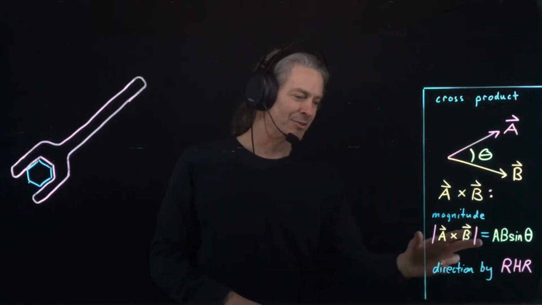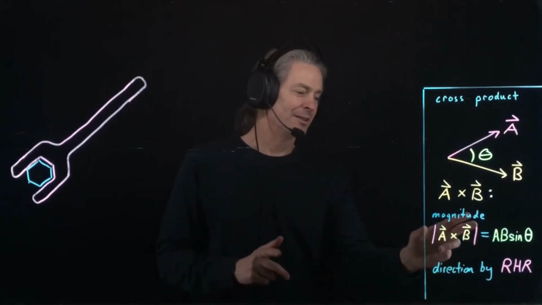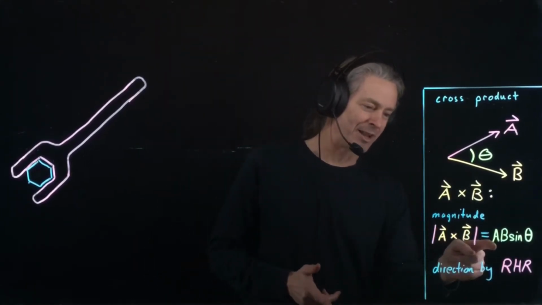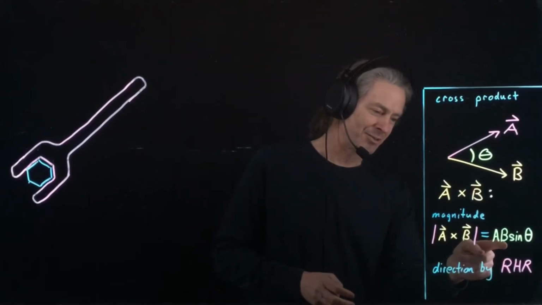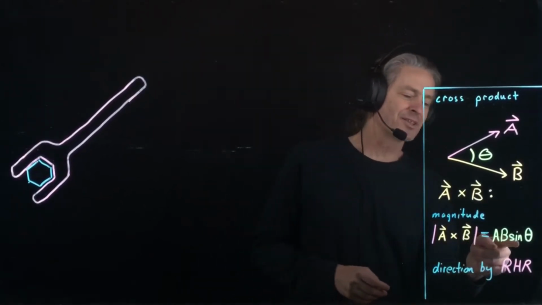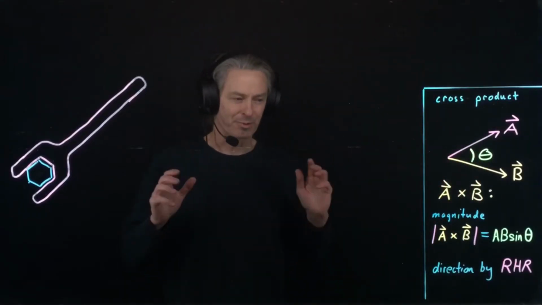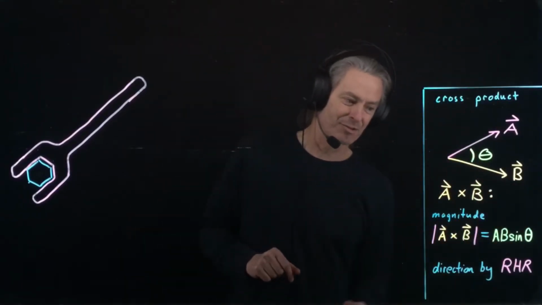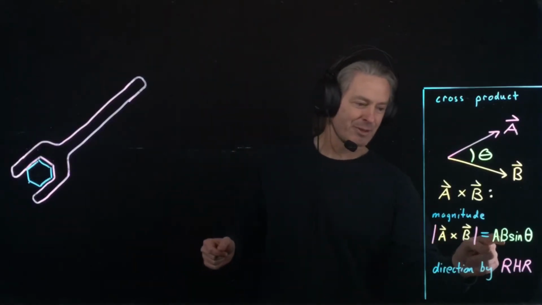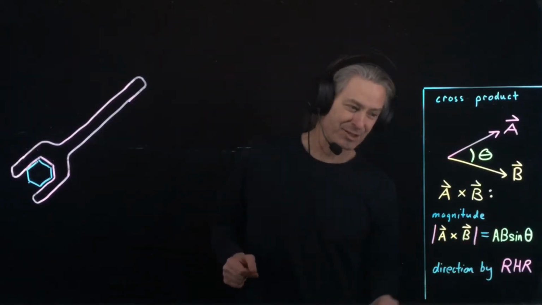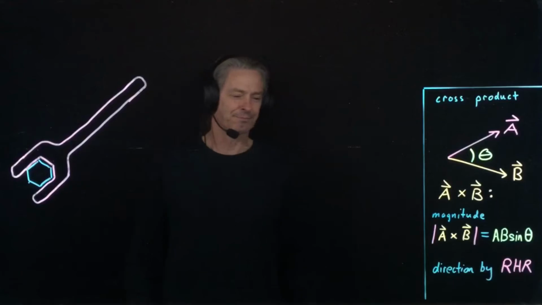So the magnitude of vector A cross vector B is equal to the magnitude of vector A multiplied by the magnitude of vector B multiplied by the sine of the angle between those two vectors when they're aligned tail to tail in a plane. So that's the magnitude portion. Again, A and B without the arrow symbols are magnitudes. This is a number.